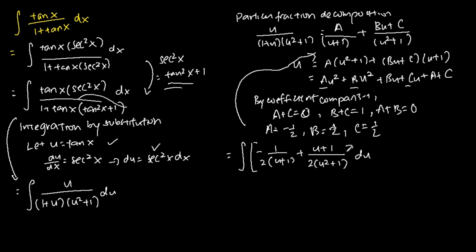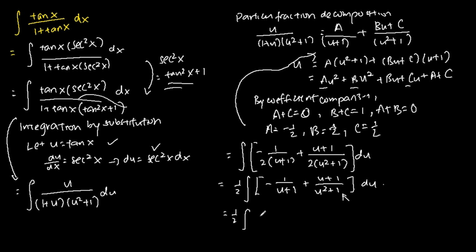From here we factorize the half, and we get half the integral of minus 1 over u plus 1 plus u plus 1 over u squared plus 1 du. Then we split this into two different fractions, so we get minus 1 over u plus 1, plus u over u squared plus 1, plus 1 over u squared plus 1, du.